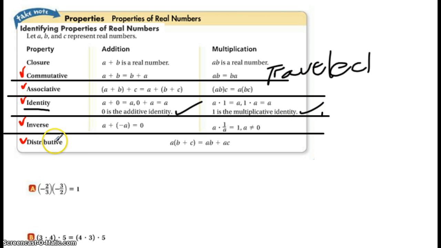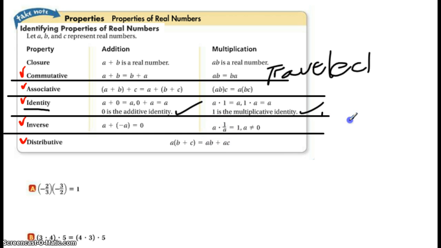Inverse, probably thinking opposite. That's true. A plus its opposite is going to equal 0. And A times its inverse. Now this is not an opposite, so it's a little bit different than addition, but the multiplication is its inverse, which means flipped.